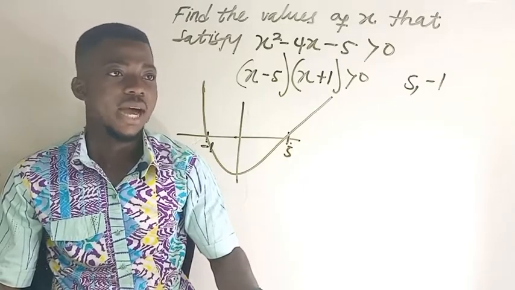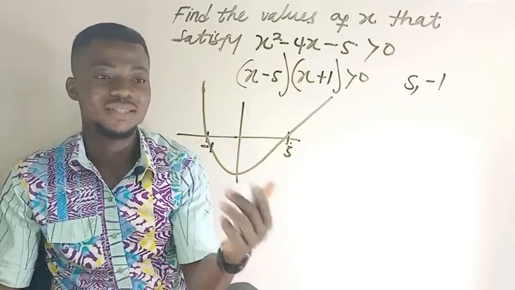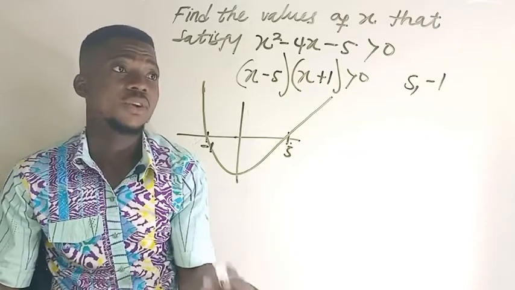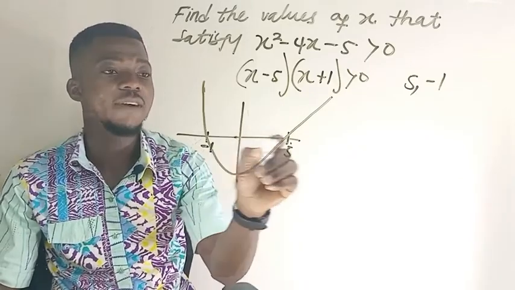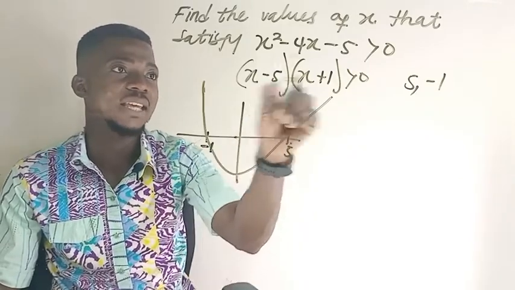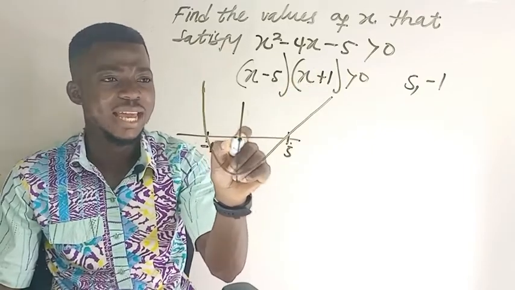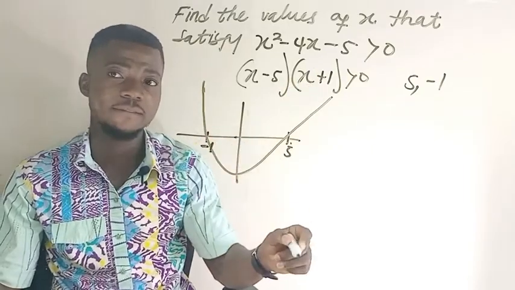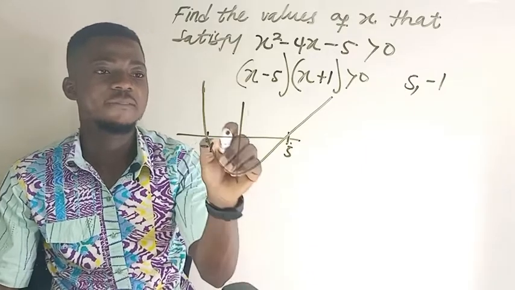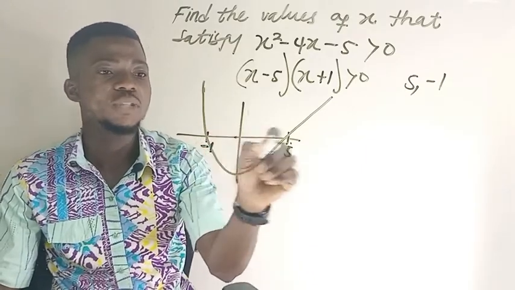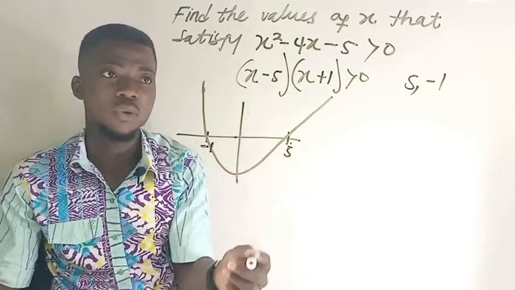Now, after that, you have to test whether the range of values, the values that satisfy the inequality, lie in the curve or outside the curve. How do you do that? You just pick a value in between -1 and 5, in between the endpoints.